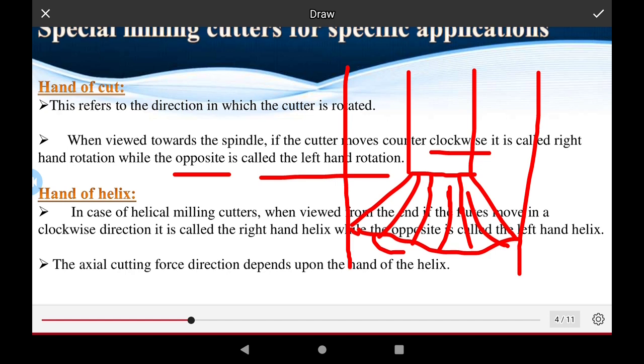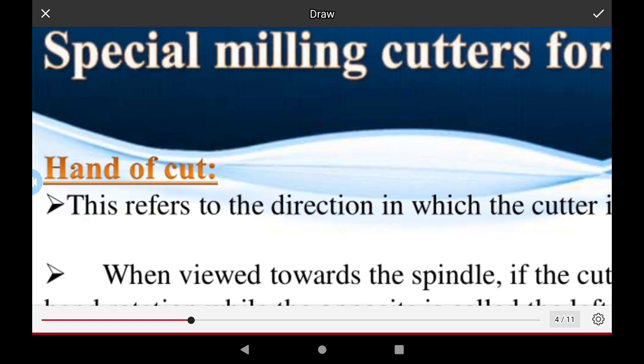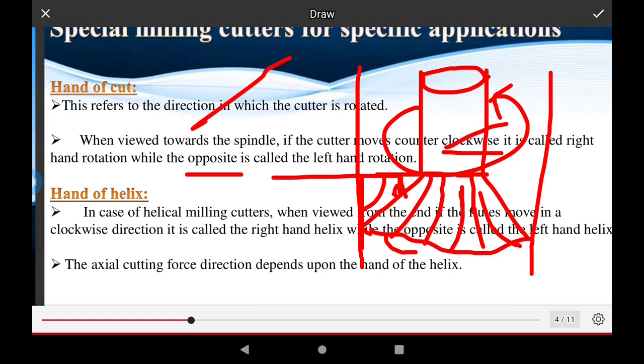Okay, this tool rotates in rotary motion. On the right hand side of the machine, this is the helix angle of the tool that performs the operations.